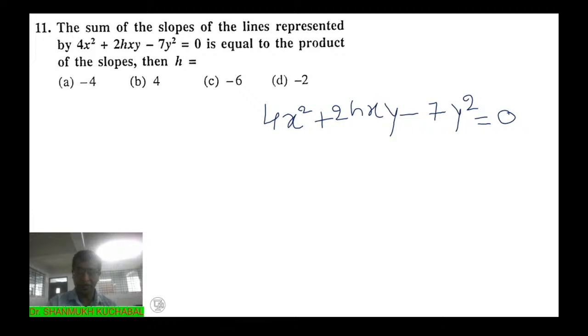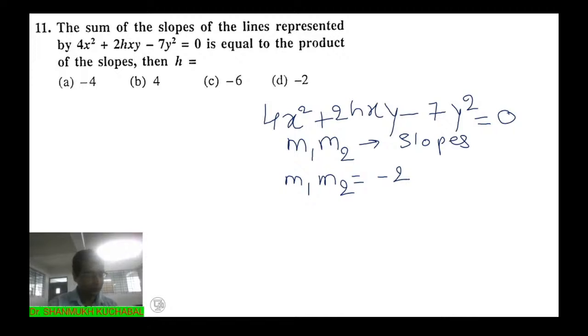Then it is given that the product of slopes, we take m1 and m2 as the slopes. And we have discussed the sum of slopes is given by the equation m1 plus m2 equal to minus 2h divided by b.